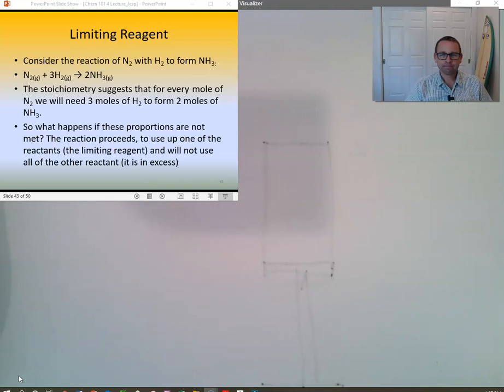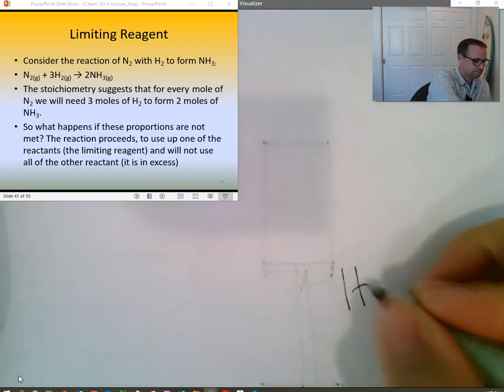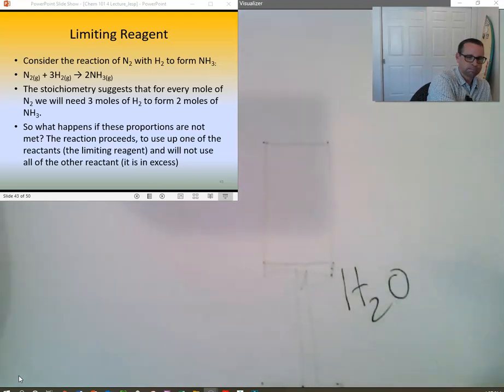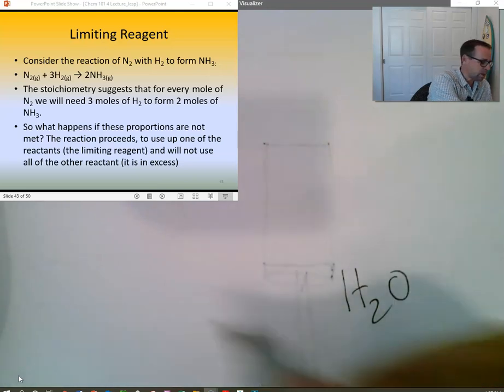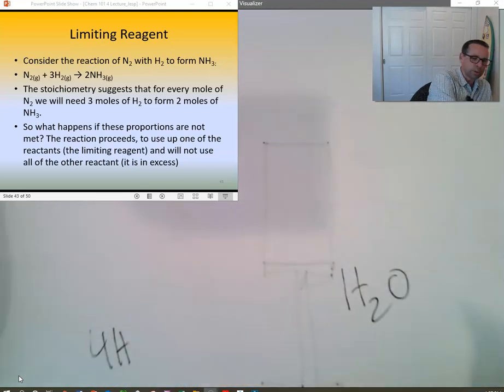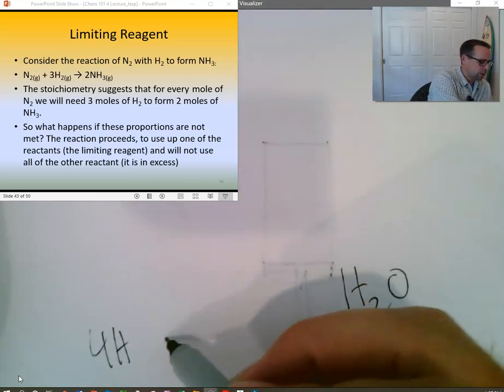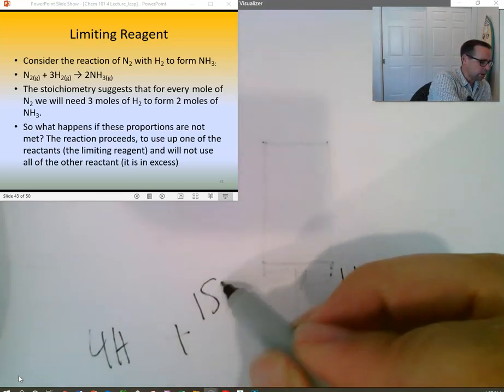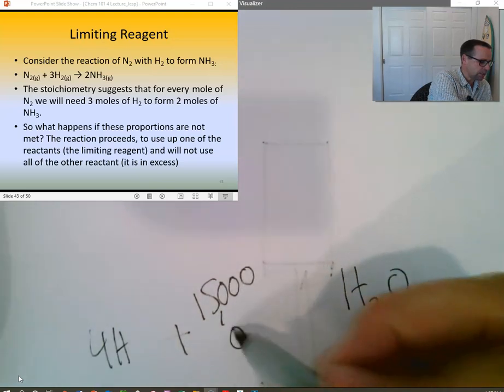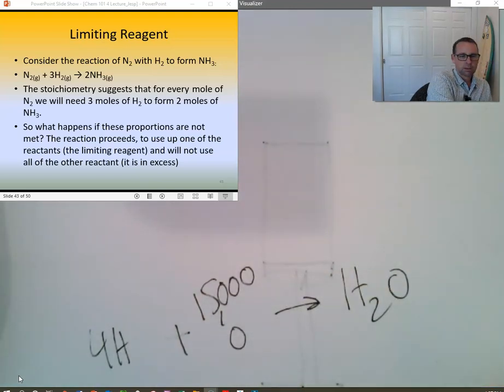Like if you want to make H2O and you have 15,000 oxygens, but only 4 hydrogens, you can only make 2 waters. That's right. If I have 4 hydrogens going into this, and I have lots of oxygen, 15,000 oxygens, right?